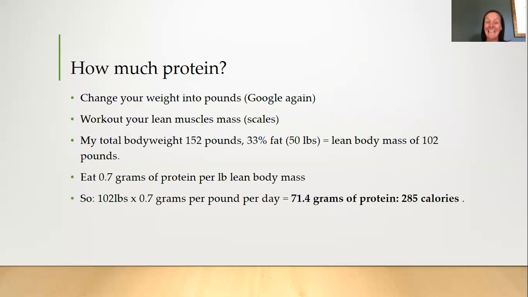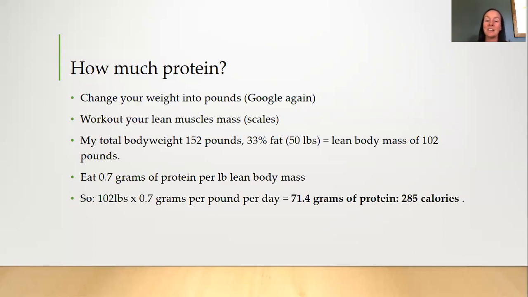To maintain, we don't want to lose lean body mass. We don't want that catabolic effect in our body where it's like, we've got no energy, we need to eat all of these muscles. We don't want that. It's really important to keep your protein up, but not too high, because if you eat too much protein, it converts to glucose in the body by a process called neoglucogenesis or gluconeogenesis.